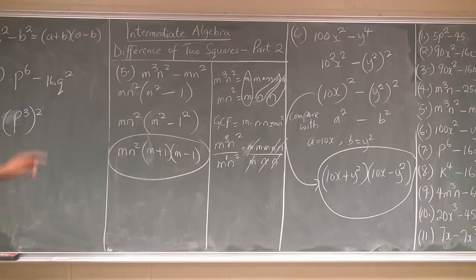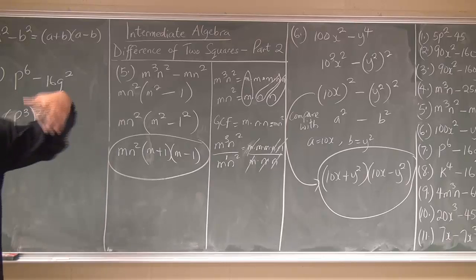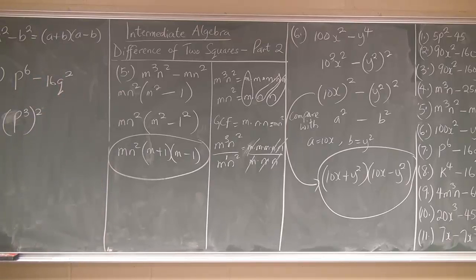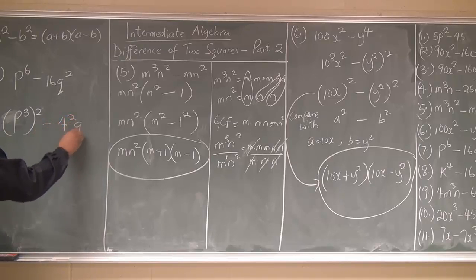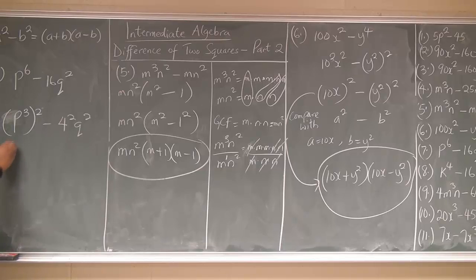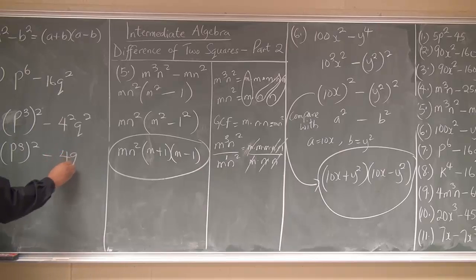Like I explained in the first video, you want it to look like a squared minus b squared. So you find your a, you find your b, then you apply the product of the sum and the difference. Then minus 4 squared q squared. So this is p cubed all squared minus 4q all squared.